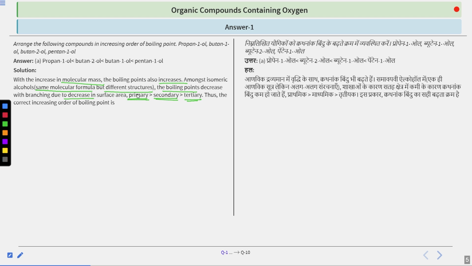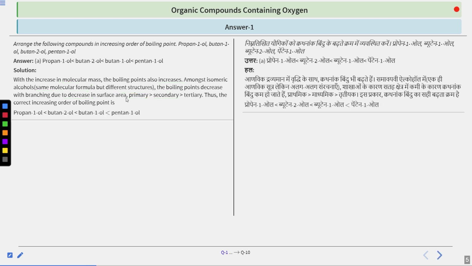And in the primary, we have a single chain with no branches. That is why the boiling point is highest for the primary one. Thus, the correct increasing order of the boiling point is highest for pentane 1-ol, then butane 1-ol, then butane 2-ol, and then lowest for propane 1-ol.